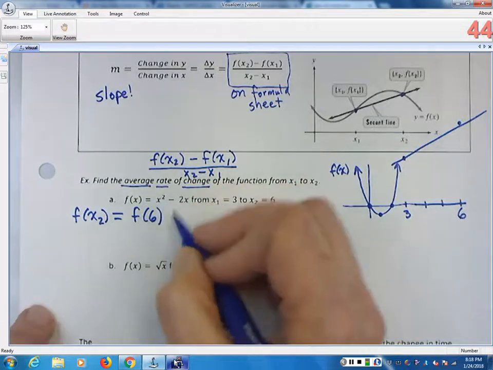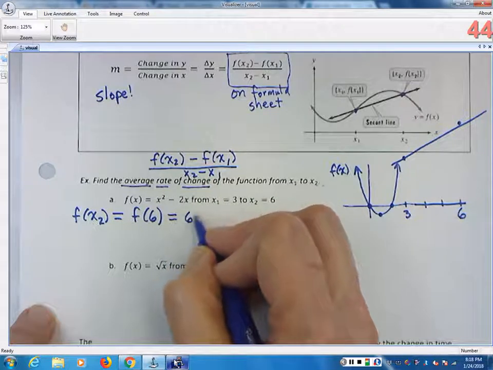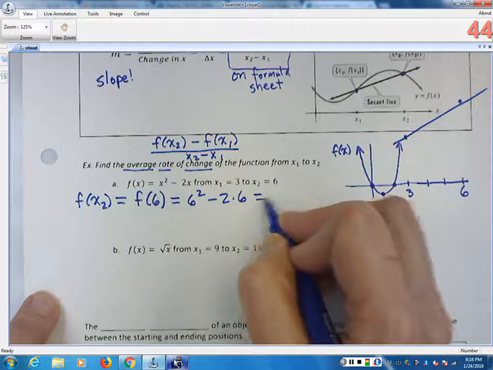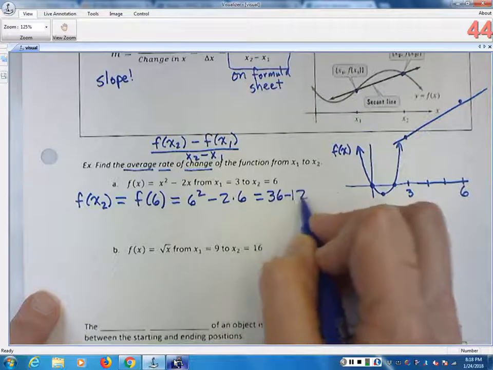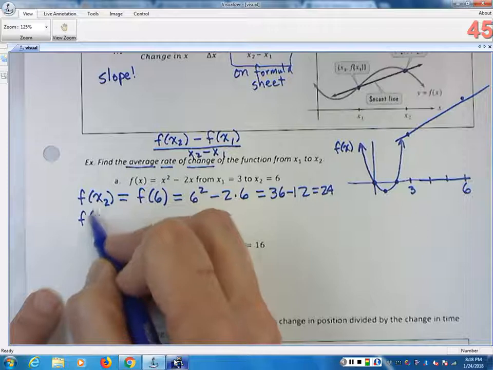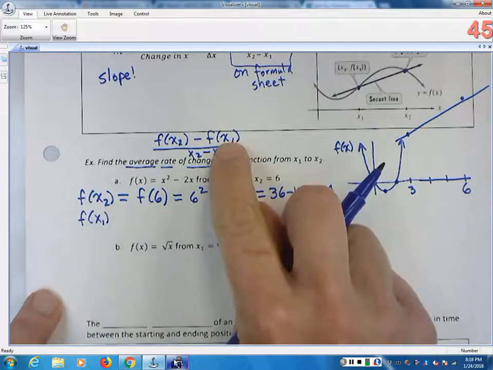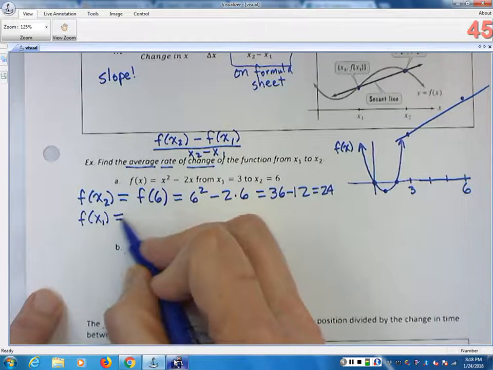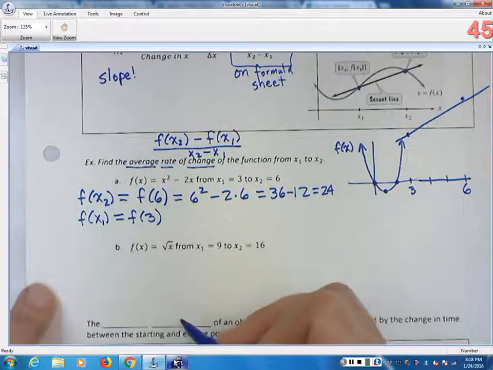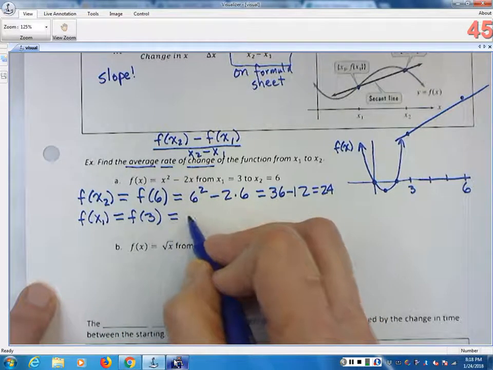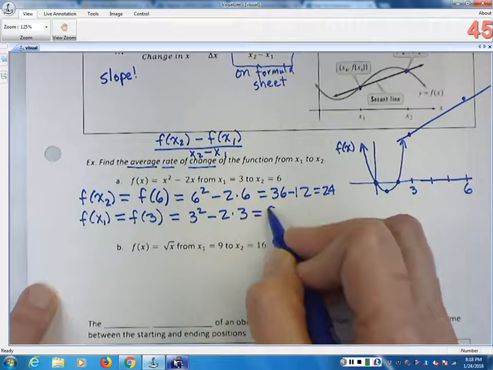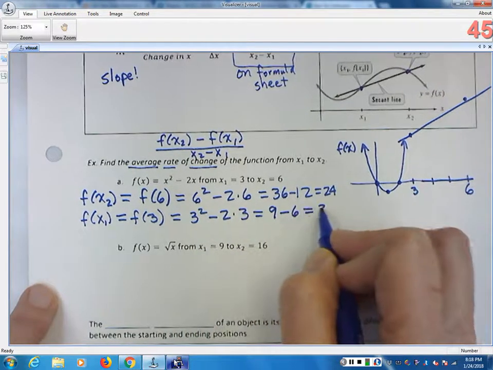Everywhere you have an x, you put in 6. So that's 36 minus 12 is 24. And then f of x1, we need that for this formula, is f of 3 is 3 squared minus 2 times 3, is 9 minus 6 is 3.